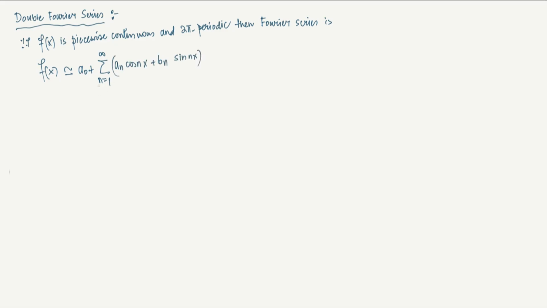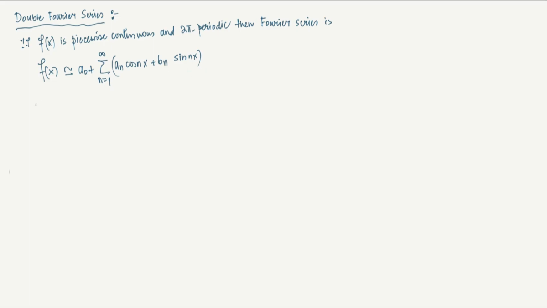I am not writing the a n's and b n's here, but I hope you remember them. These are basically 1 by pi times the integral from minus pi to pi, since it is a 2 pi period, of cosine nx f of x dx. You already know this, so we are not going to talk about it.